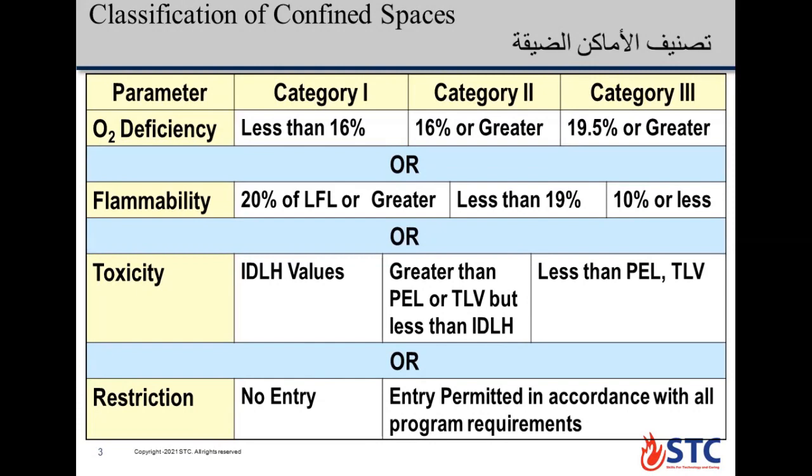For Category 3, if the O2 is 19.5 or greater, such as 20, 21, 22, 23, the maximum being 23. Also, above 23 the oxygen level is dangerous.